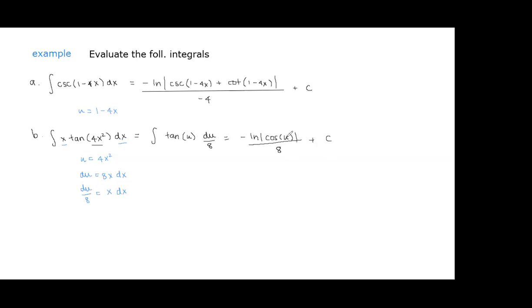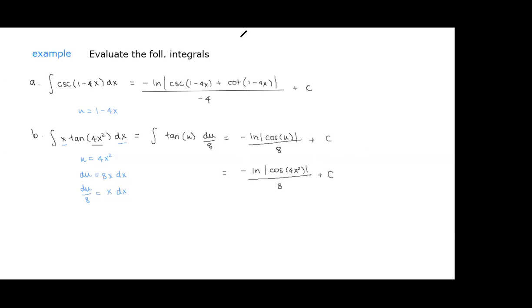And now I can actually replace u, which was just a code for 4x squared. So that means that I had minus ln of cosine of 4x squared, the whole thing divided by 8 plus c. All right, and this is the final answer that I have.